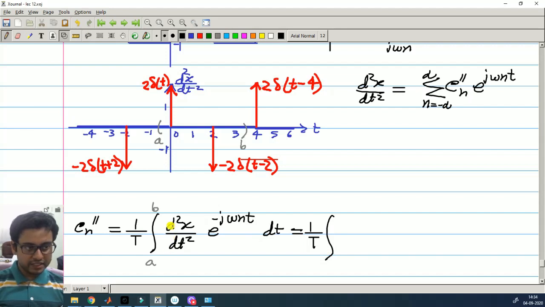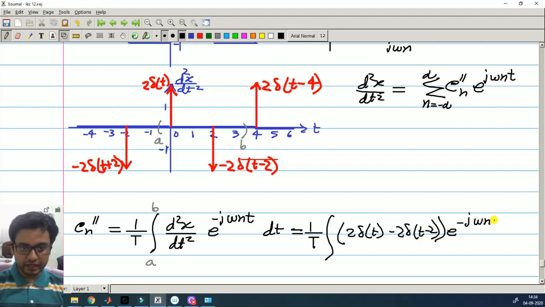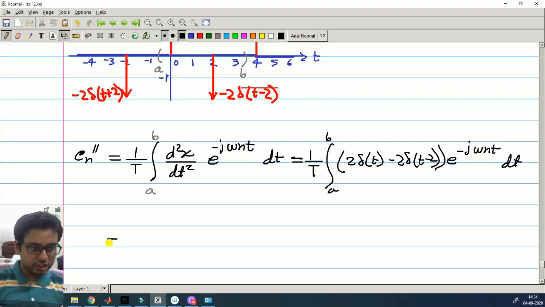Now within this region A to B, this signal is the same as the sum of two delta signals, 2 delta t minus 2 delta t minus 2, times e to the power minus j omega n t dt, and this will be equal to 1 over T. You can take these two common outside, and then the result of integrating delta t multiplied with this exponential will be the same as e to the power minus j omega n 0 in place of t, because this delta function occurs at t equal to 0.